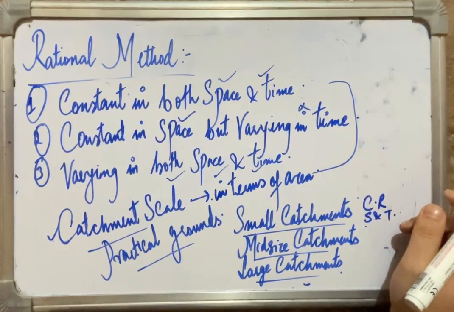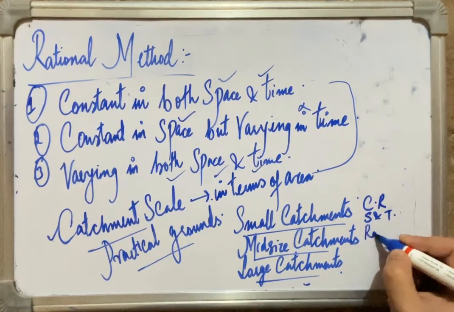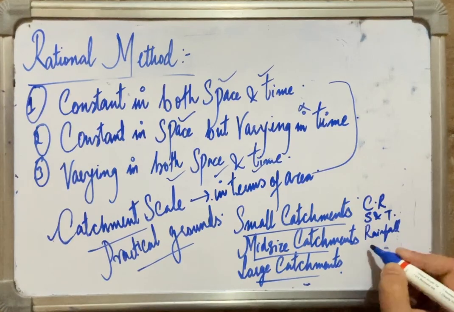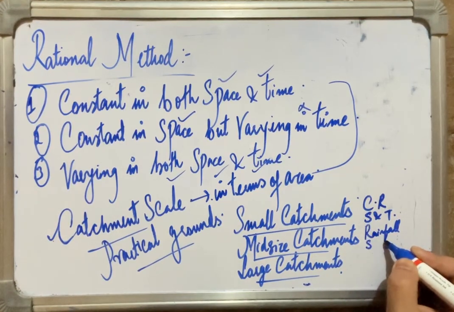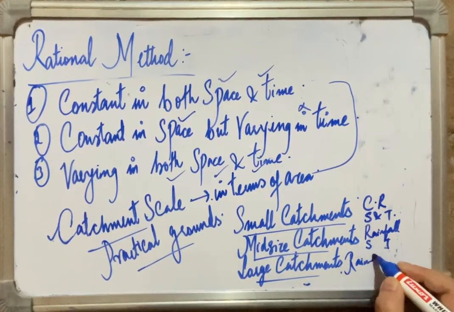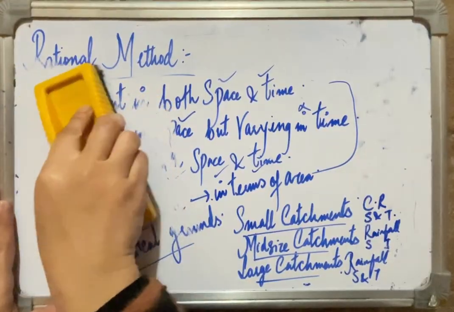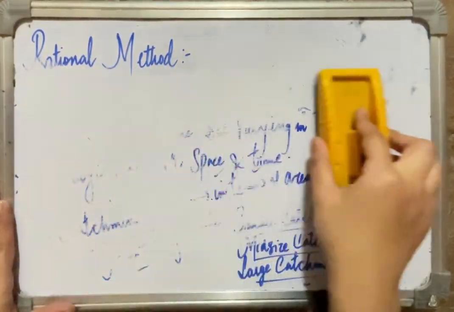All right. Now, mid-sized catchments are those in which runoff can be modeled by assuming rainfall to be constant in space. Rainfall is constant in space, but it varies in time. And large catchments are those in which runoff can be modeled by assuming rainfall to vary in both space and time.